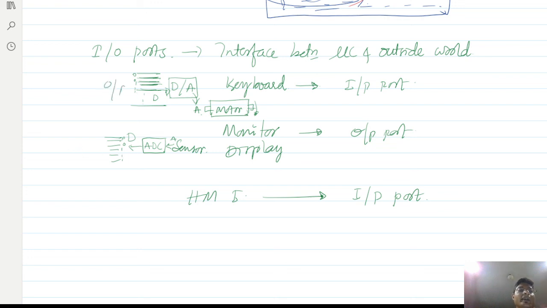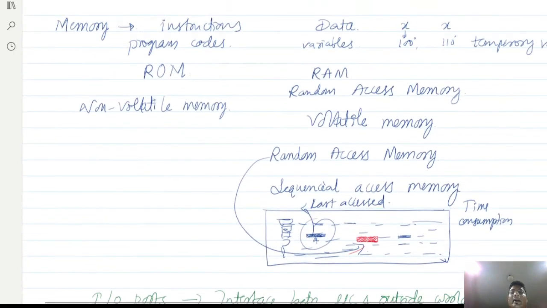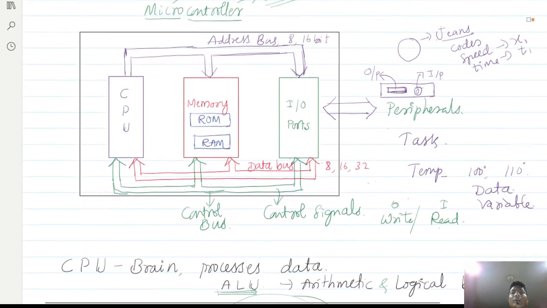So this acts as the output port, and this acts as the input port. Likewise, we can use different devices with the help of these input output ports, give commands to the microcontroller, and the microcontroller can control the various activities of the particular appliance.